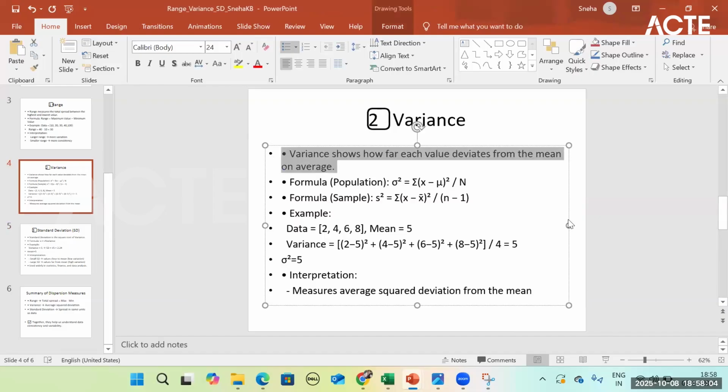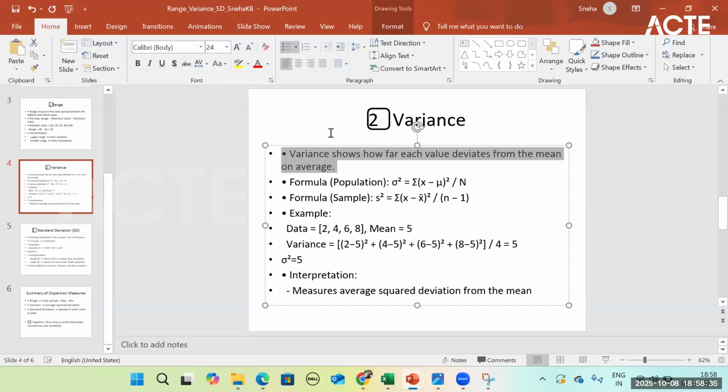Imagine I divide this whole population into multiple groups. Each group will become a sample. Do you understand what population is and what a sample is?